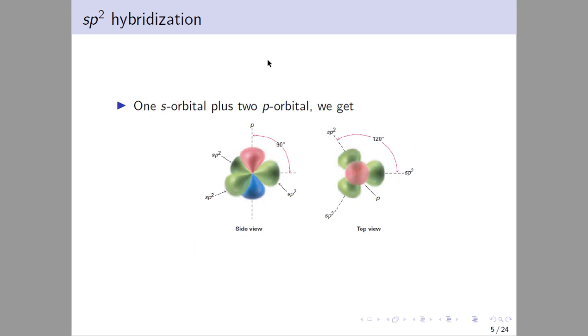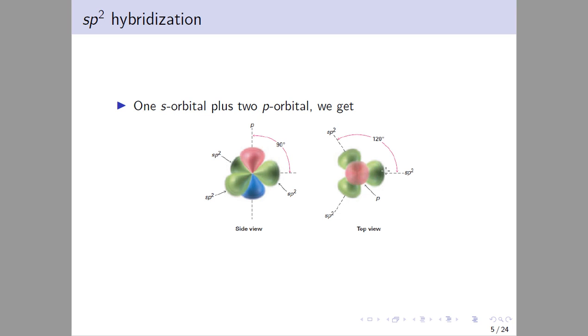Then if 1 s orbital plus 2 p orbitals, we are going to have sp2 hybridization. We can share the electron with this sp2 1, sp2 2, and sp2 3, and 1 p orbital, meaning that we have 3 sp2 orbitals and one p orbital.